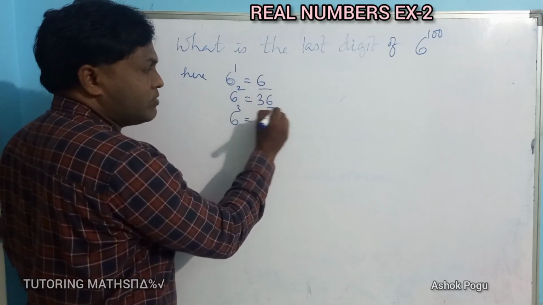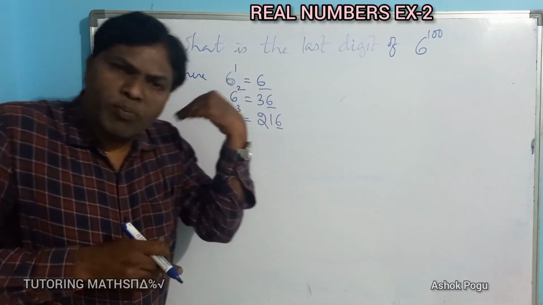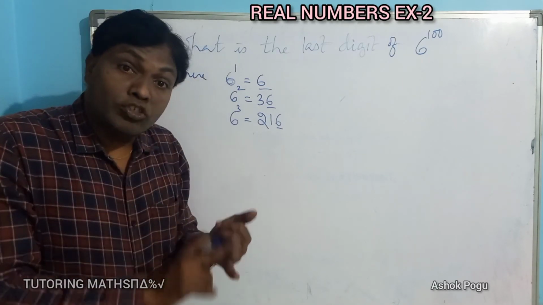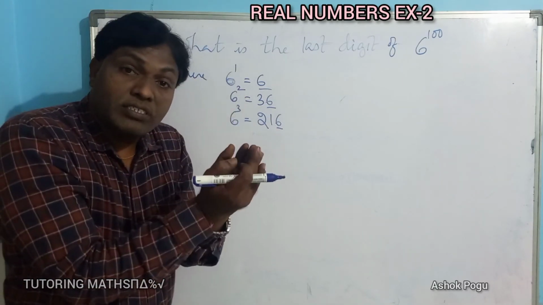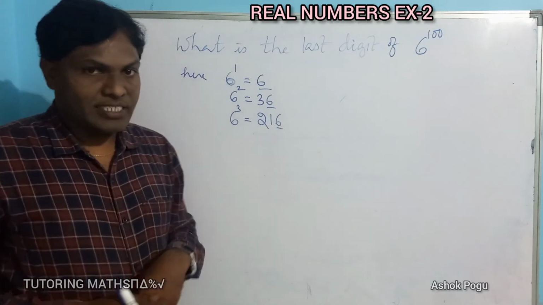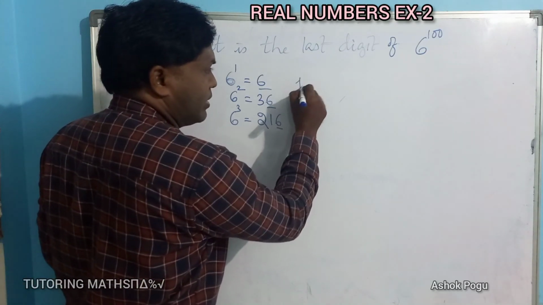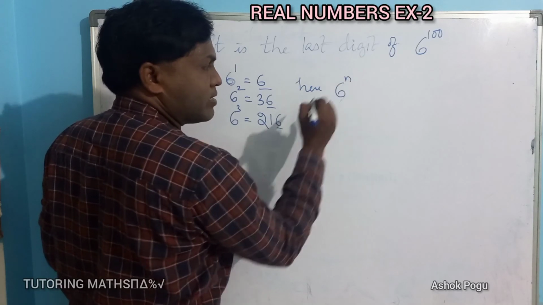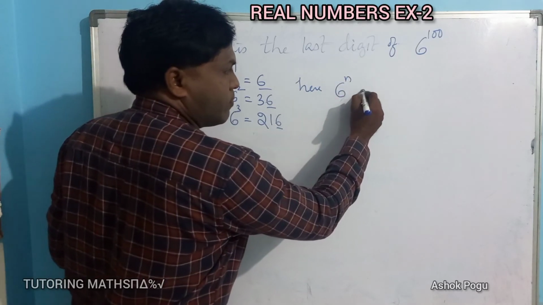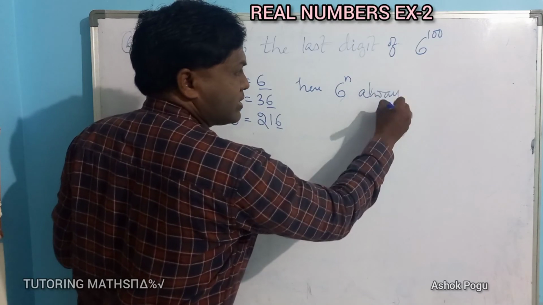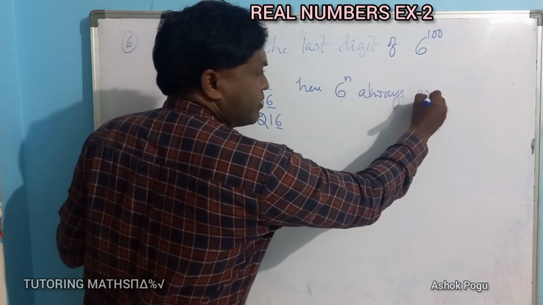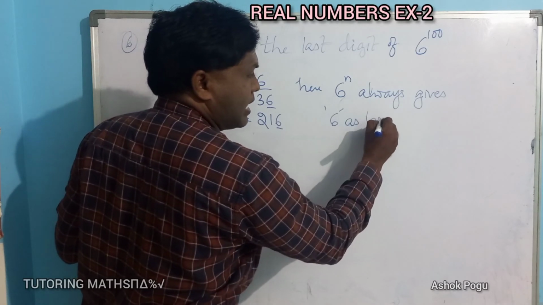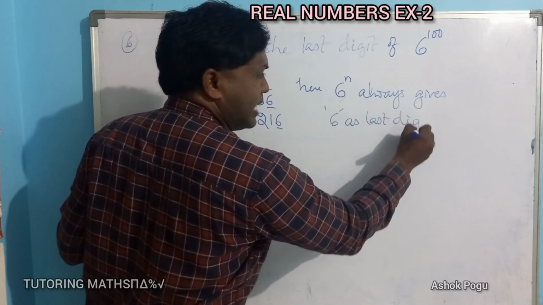If you observe the last digit of 6 to the power of something, it always gives 6 as the last digit. Therefore, here 6 to the power of n always gives 6 as the last digit.